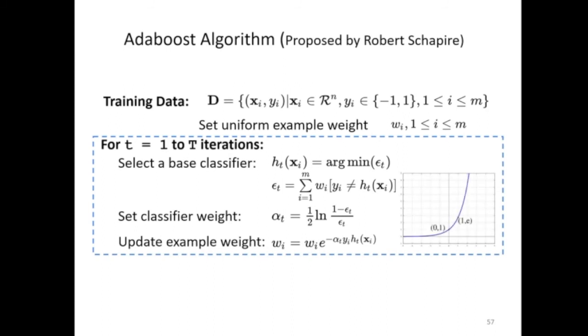And the final classifier is this summation of alpha t times all the base learners. There's actually a lot of theory behind the choices of the weights of examples and the weights of classifiers, and I have a lot of extra slides if you want to read those.